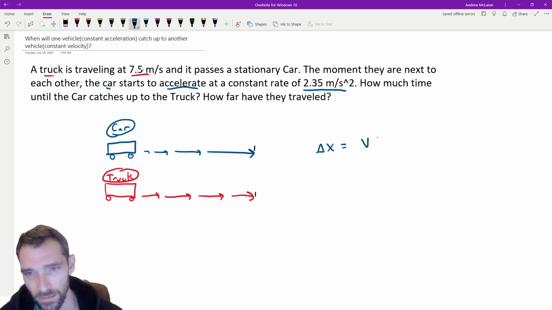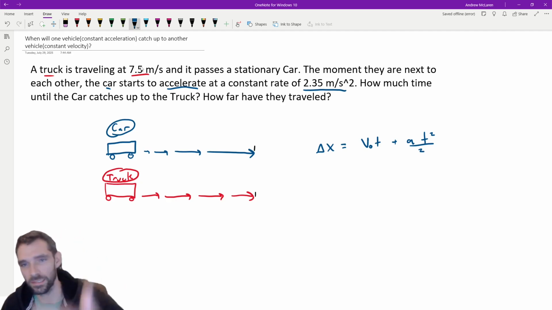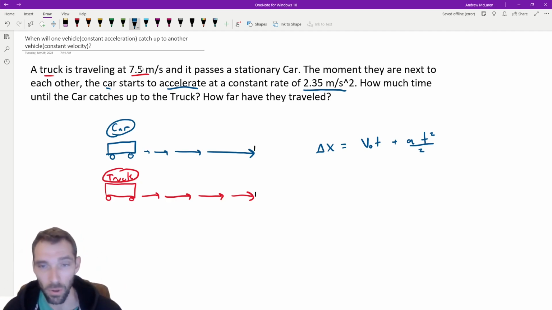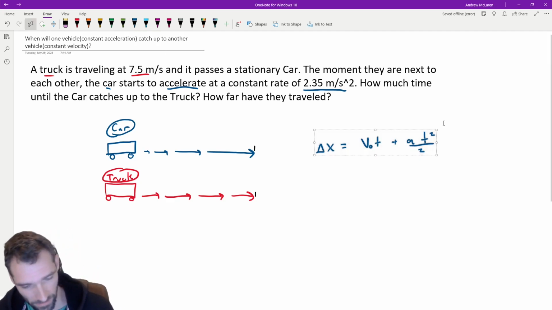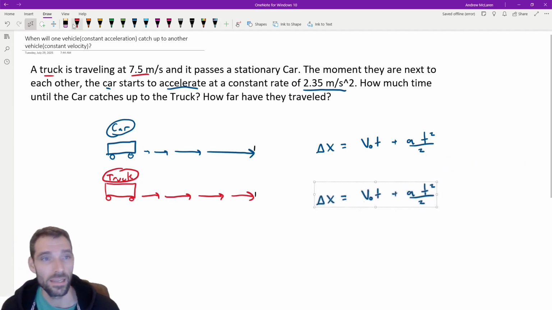So to set this up, what you want to do is think about the position equation. The full form of this would have an acceleration and a velocity component in figuring out how far these things travel at any given moment of time. But the nice thing about having just constant velocity and just constant acceleration is that the formula gets simplified down.